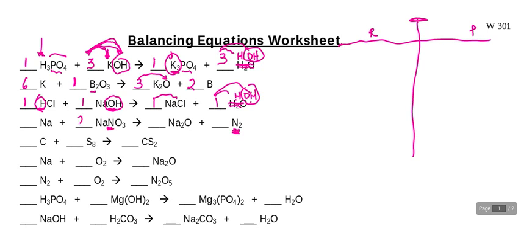So if I put a 2 here, that takes care of my N's. However, it means that my O's now are out of balance. If I take a look, I've got 2 times 3 here. 2 times 3 is 6, so I've got 6 oxygens on the reactant side. In order to have 6 on the product side, I'm going to need to put a 6 here.